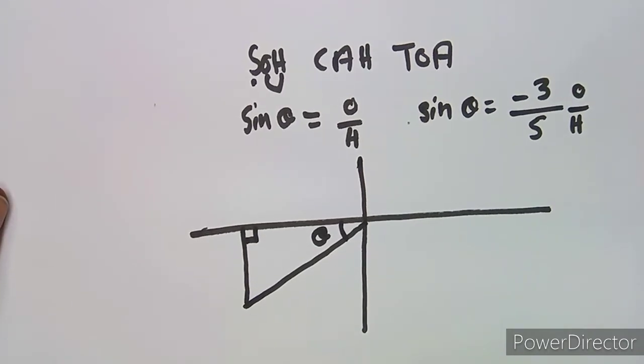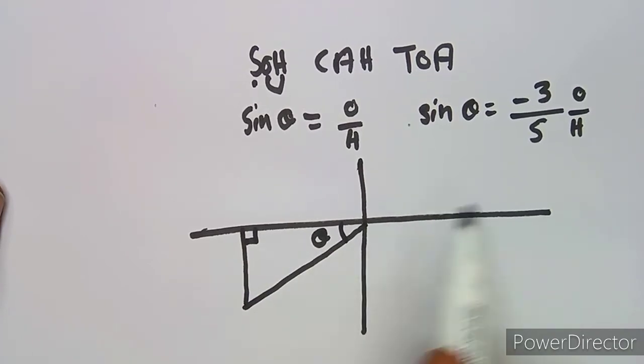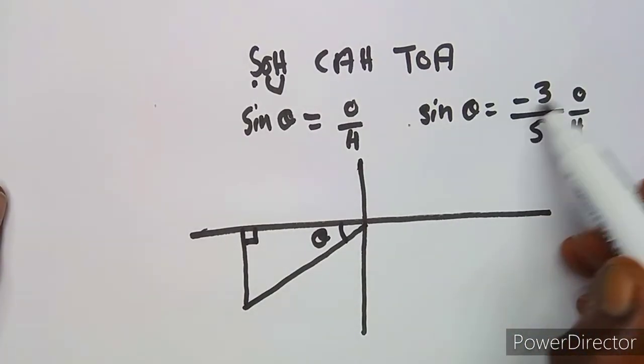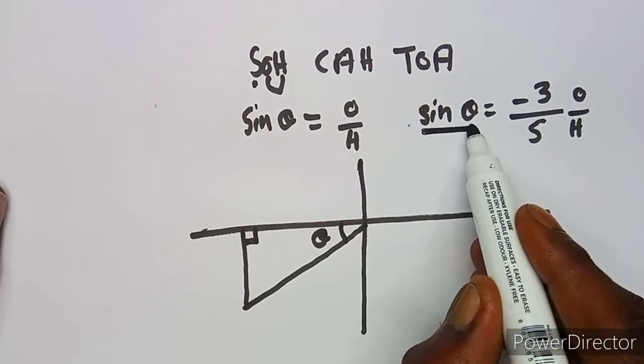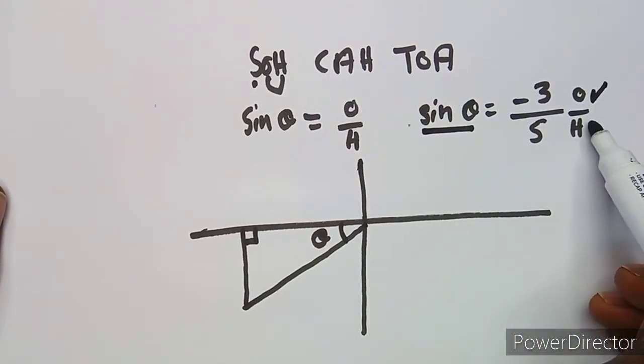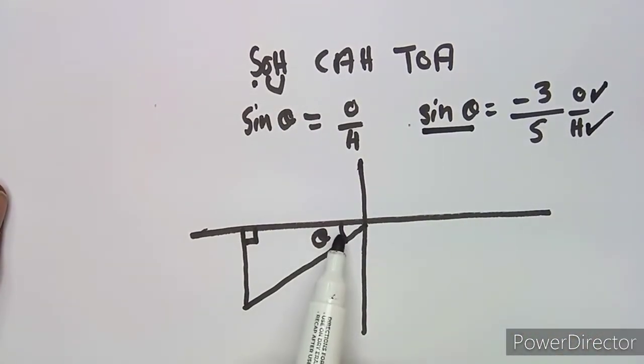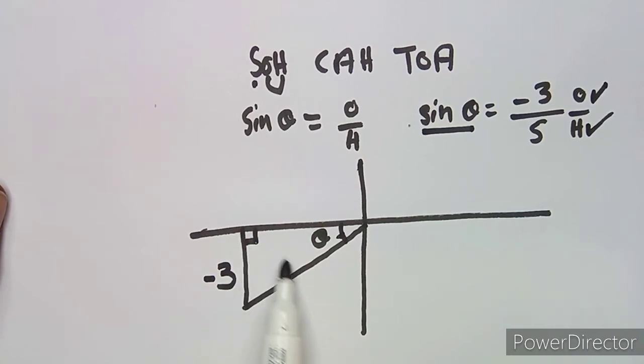Once your theta is there, it's easier to substitute this information, because sine theta is equal to opposite over the hypotenuse. According to this theta, this is your opposite, so this is your -3. And this is the hypotenuse, the one that faces 90 degrees, which is 5.